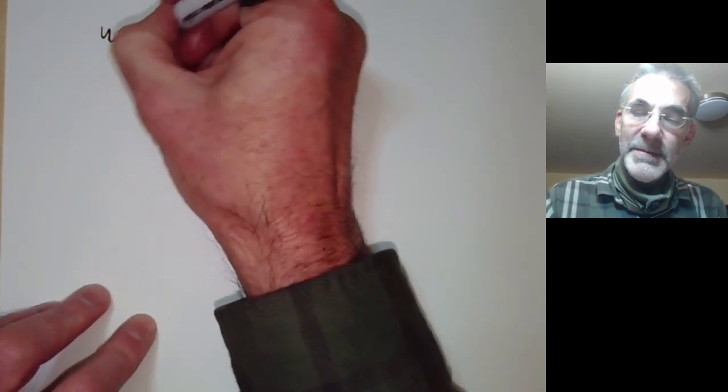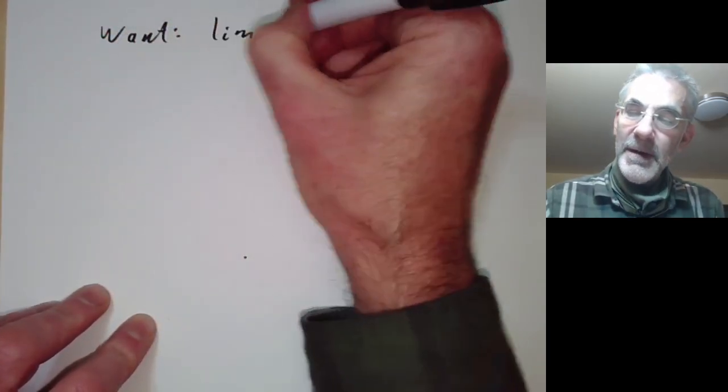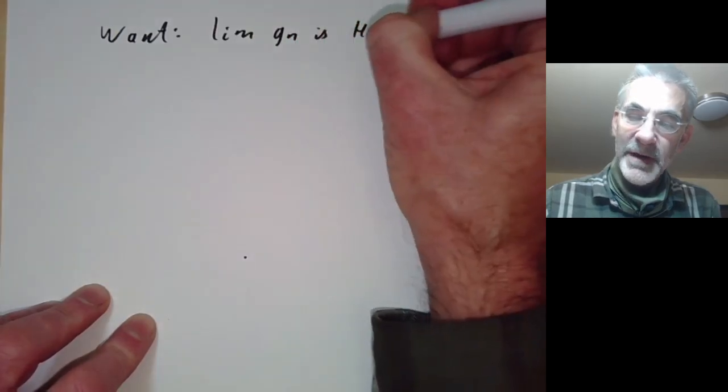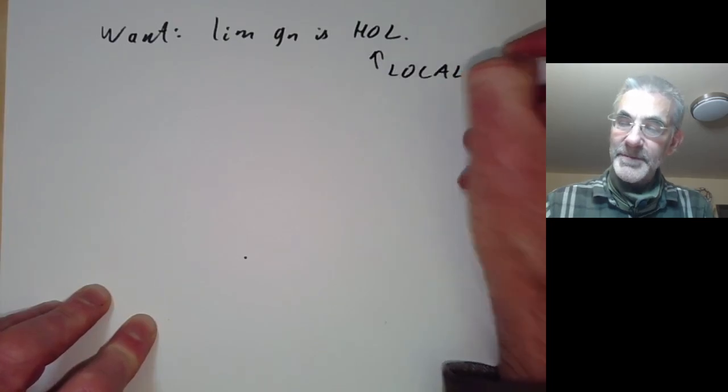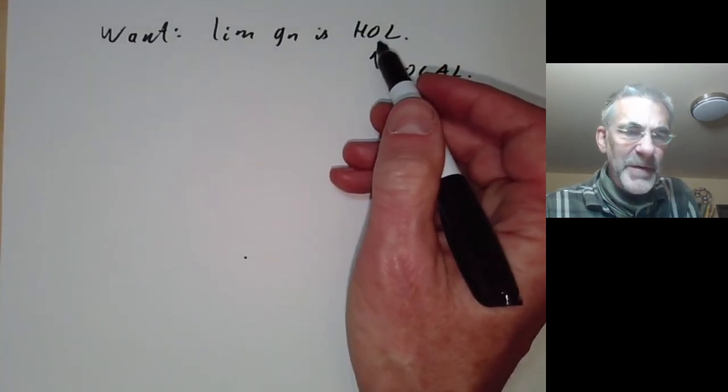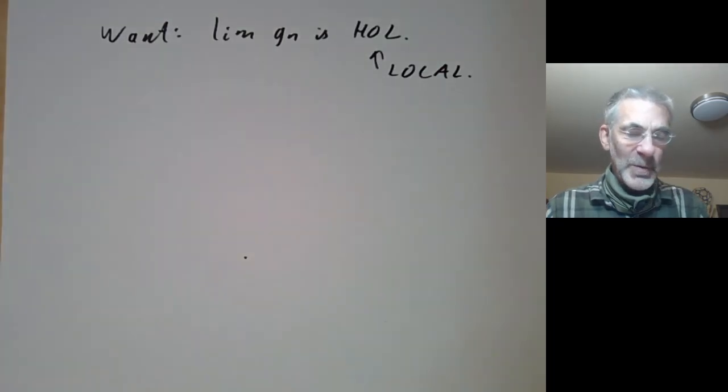So we want to say the limit of Gn is holomorphic. And this is a local condition. We can tell whether a function is holomorphic just by looking very, very close to one point.